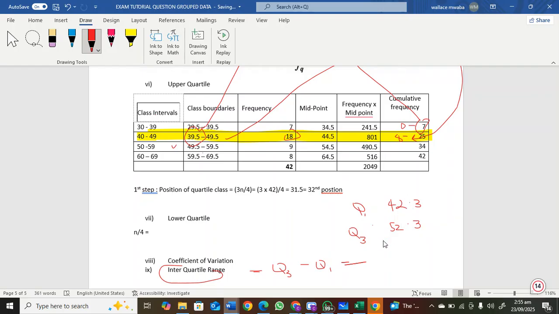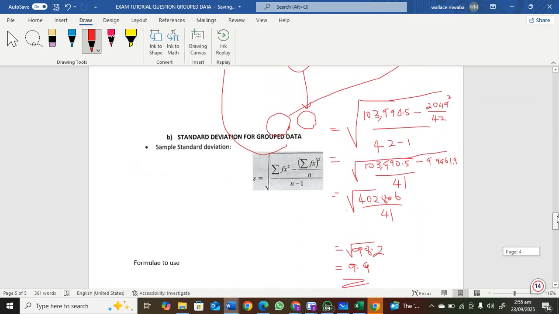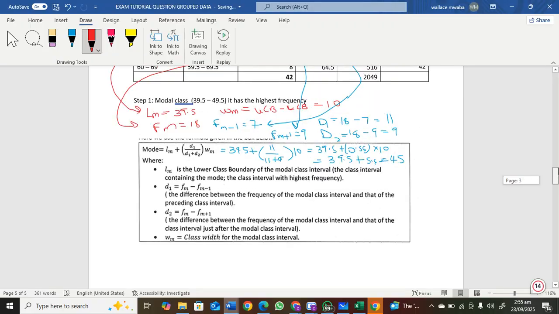Then for the coefficient of variation, it's just our standard deviation divided by the mean. Our standard deviation, I recall, was 9.9.